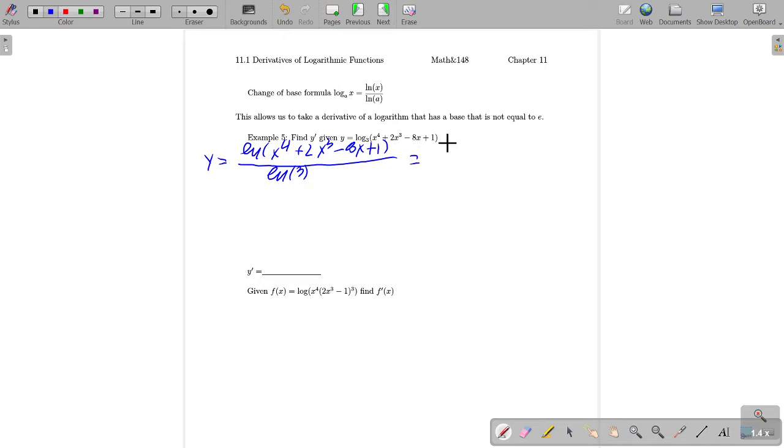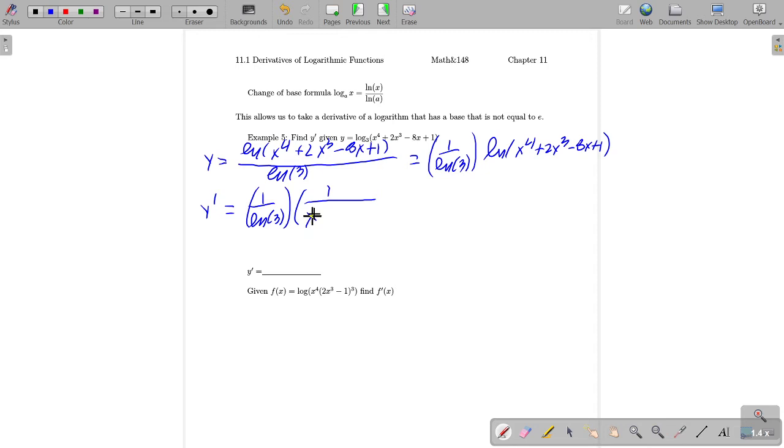So you could think of this as 1 over the natural log of 3 times the natural log of x to the fourth plus 2x cubed minus 8x plus 1. So y prime will equal 1 over the natural log of 3, because that's a constant, it doesn't ever change. You always get the same value. Now I'm going to take the derivative of that, which is 1 over x to the fourth plus 2x cubed minus 8x plus 1.